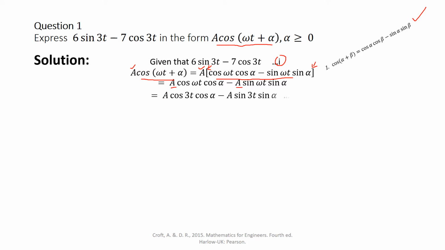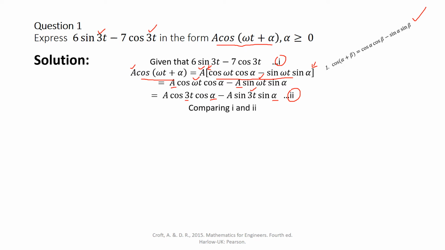Then plugging in the angular frequency value, which is 3 here, the same frequency as mentioned in the topic earlier. So omega was 3, and A we don't know, alpha we don't know, and we take this as the second equation.